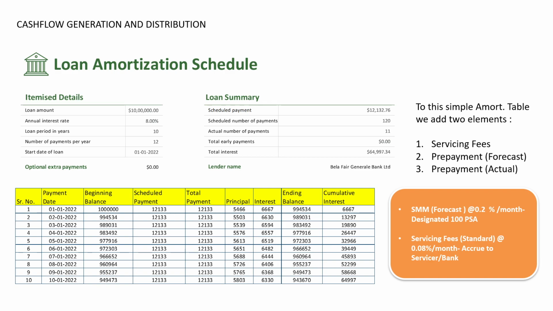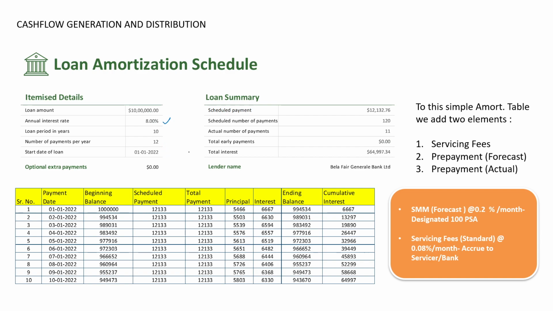The bank under consideration is a fictitious bank called Bella Fair Generali, and there is a loan amount of close to $1 million sanctioned, and the tenor is 10 years, with the annual rate of interest being 8% and assumed to remain constant.